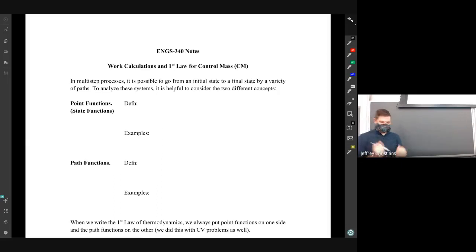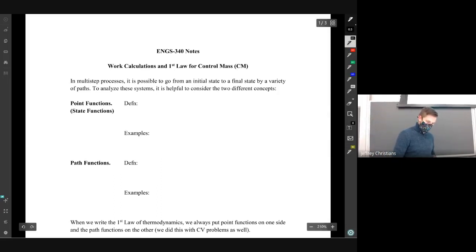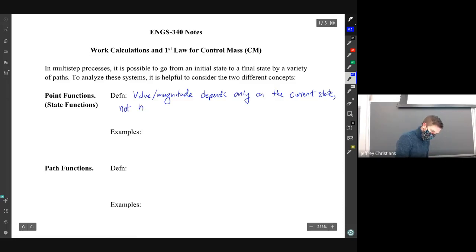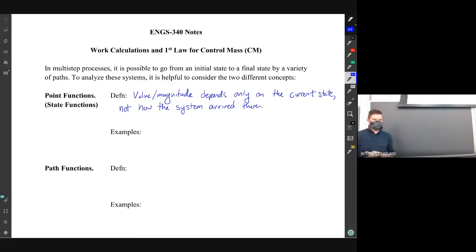So a point function, let me just define it. That's going to be something where the value or magnitude depends only on the current state, not how the system arrived there, or how you reached that state.